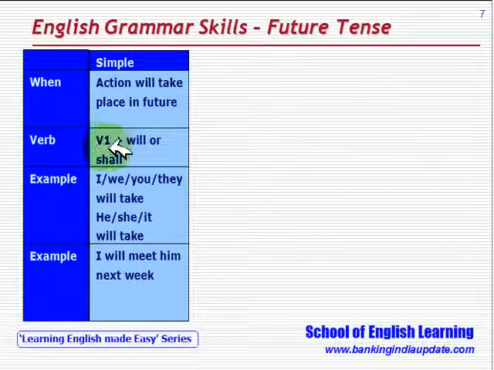Here first form of verb will be used along with will or shall. For example, I will take, we will take, you will take, they will take, or he will take, she will take, it will take.